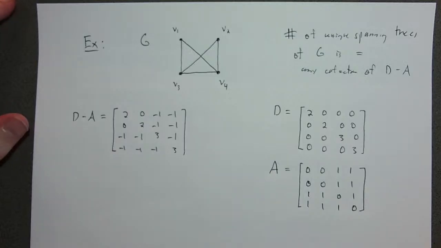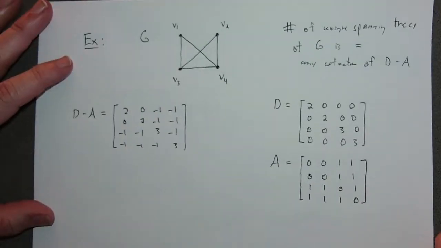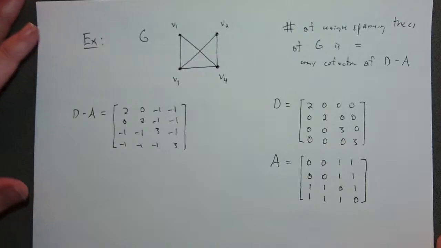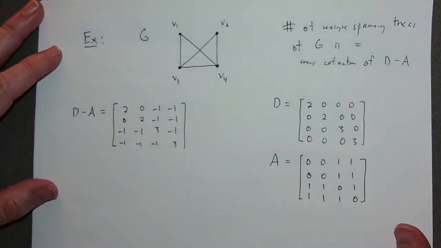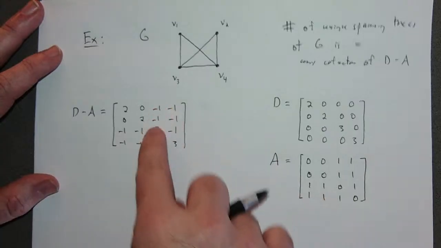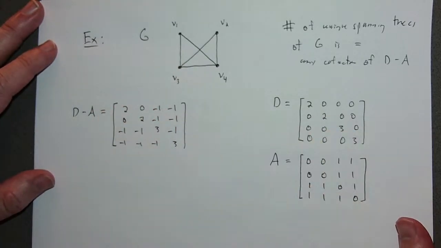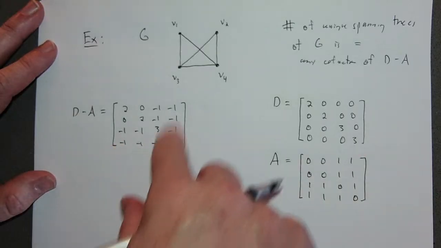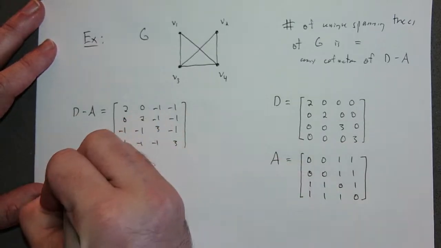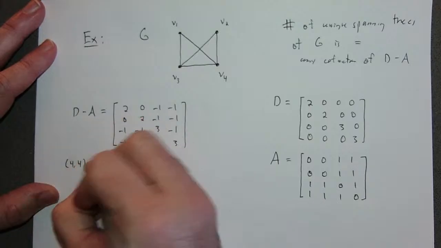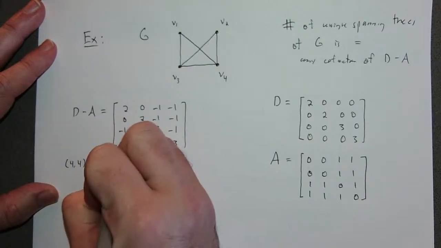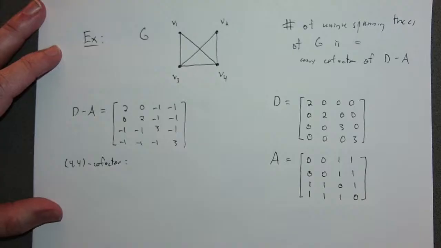We were told that we can pick any cofactor we like, right? So let's pick one that has some zeros in it. So let's do the 4, 4 cofactor. What's the 4, 4 cofactor?